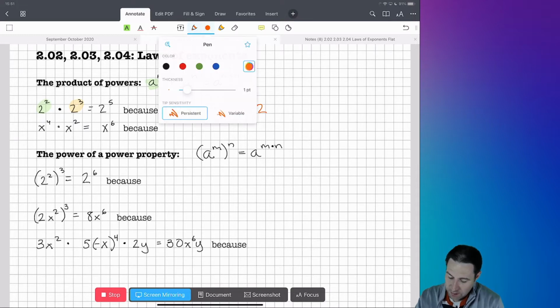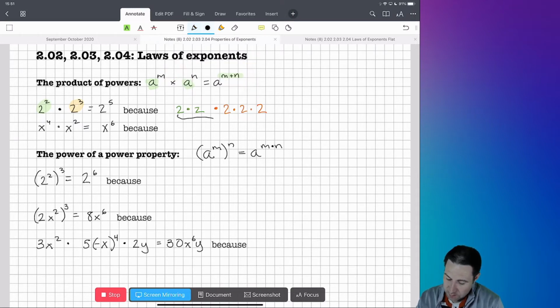And what we have here is a string of multiplication, and we can see once it's expanded out, the 2 is repeatedly being multiplied 5 times. So in the future, instead of expanding it out like we have here, we can apply the rule of adding the exponents when the bases are the same.